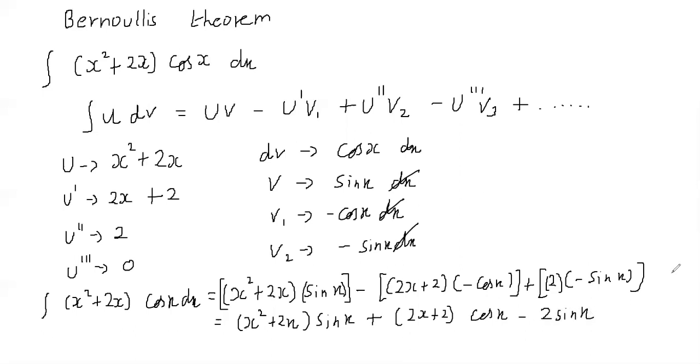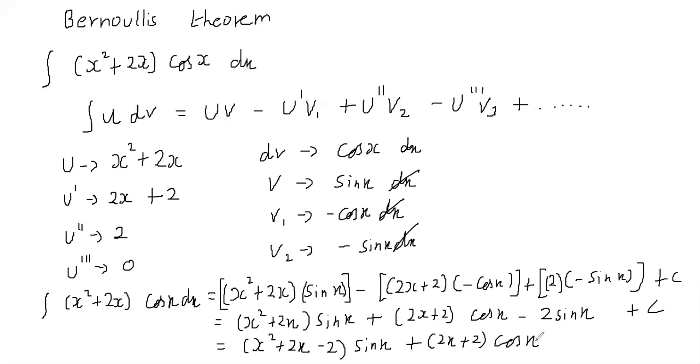Make sure whenever you are doing integration you have to write plus c. Okay, so here we have a sine term, here we have a sine term, so we can take sin x as common. So what will be remaining inside? X square plus 2x, and this minus 2 will be coming inside into sin x, and this term that is plus 2x plus 2 cos x plus c.